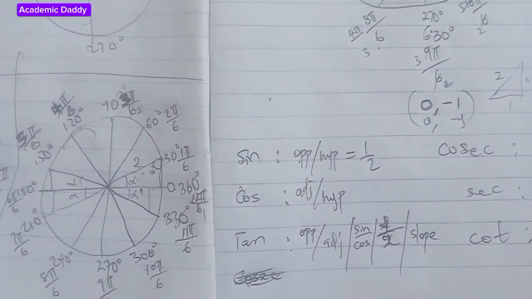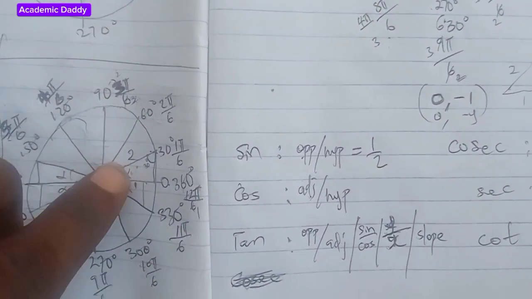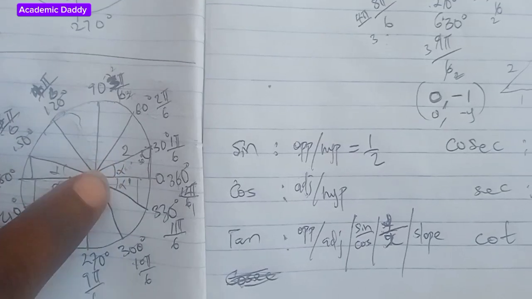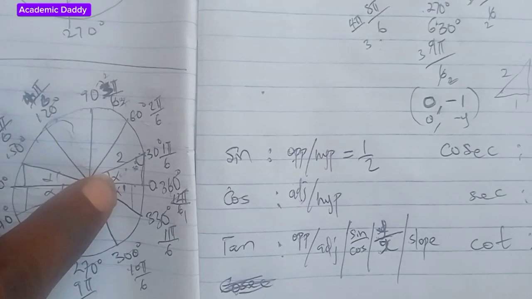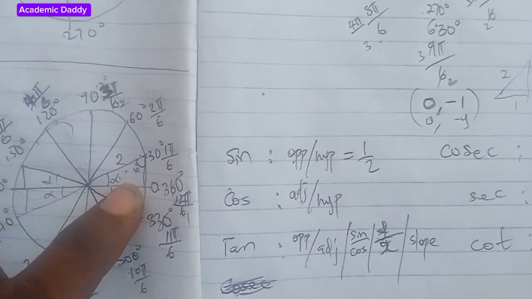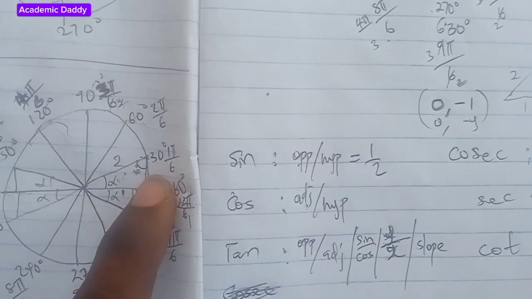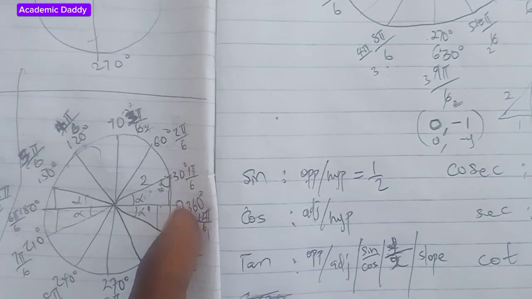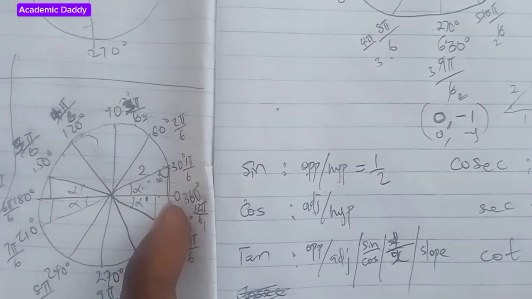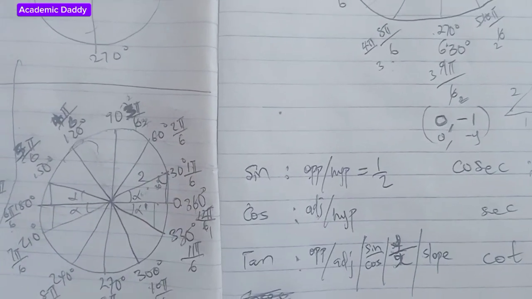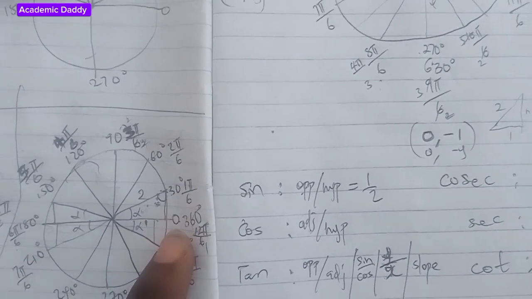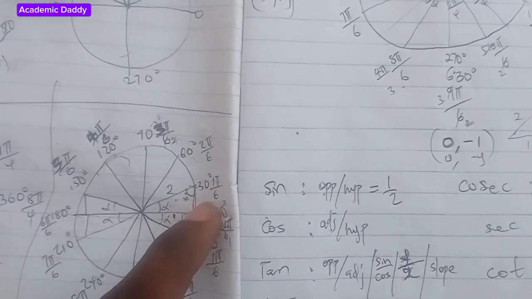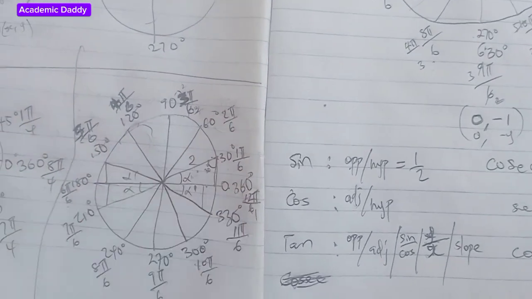Yes, because if you choose to call this angle 30 degrees, it simply means that this is the opposite. The thing I should put here is 1. That's why I'm supposed to put 1 here in that case. So that's why I'm making it 30 this way.